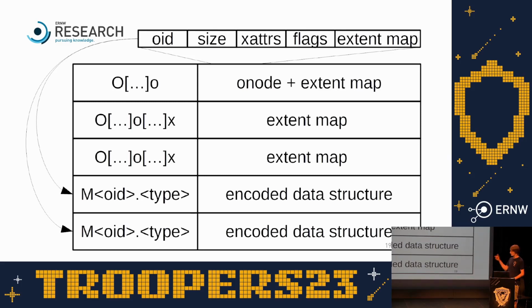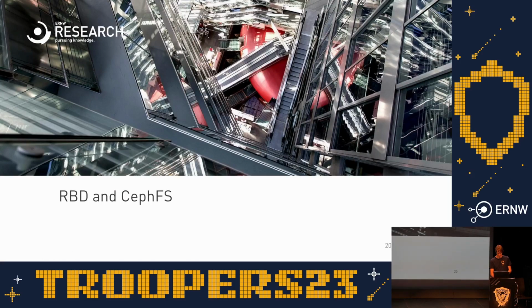And then you have in the value some encoded data structure depending on the type, and then you find, for example, what's the content of the directory in Cephfs, because that is stored in such a metadata entry. So that was quite a hassle to implement and to understand what's going on, but at some point I figured it out, and then I could look at how RBD and Cephfs work.